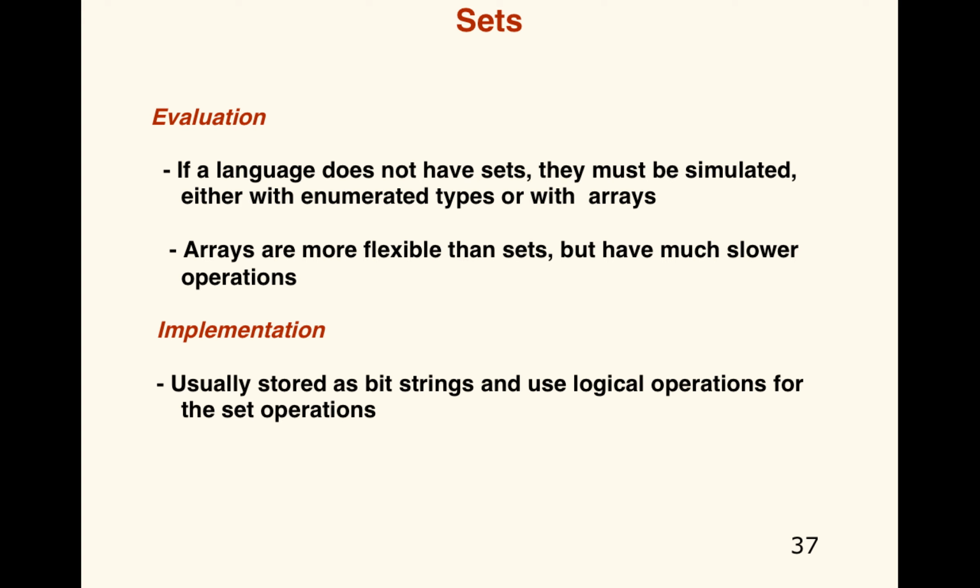An array might be more flexible than sets, but has much slower operations because in an array you have a linear search going through indexes. In a set, you could have a hashing function, and that hashing function could be used for a faster lookup.